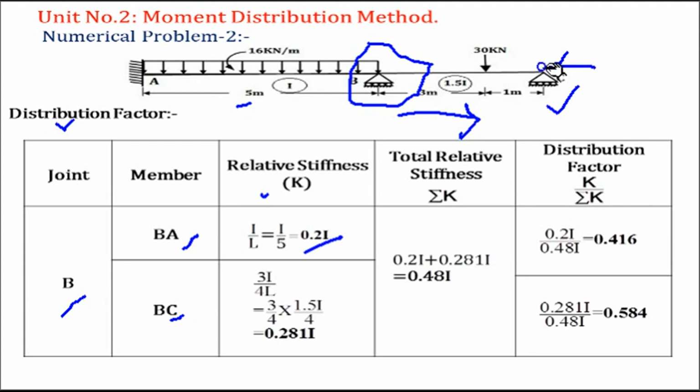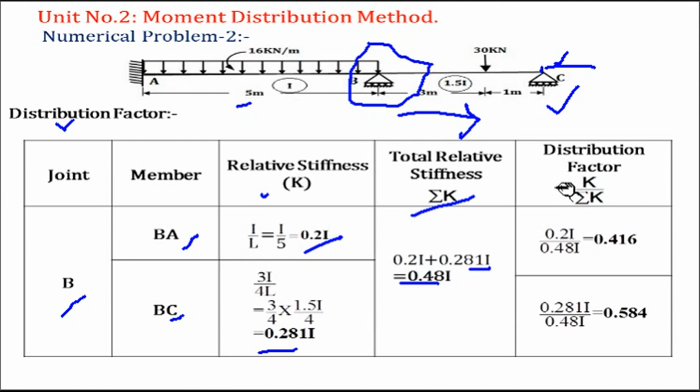In that case relative stiffness is equal to 3I by 4L. So 3 by 4 into moment of inertia 1.5 I divided by span 4 is equal to 0.28 I. So the total relative stiffness, summation of K, is equal to 0.2 I plus 0.28 I, which is equal to 0.48 I.